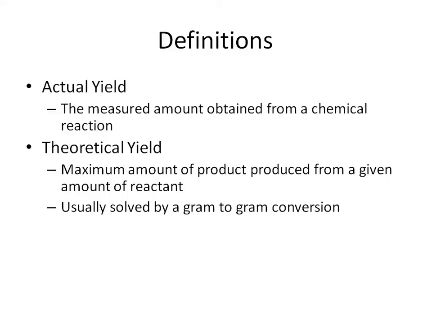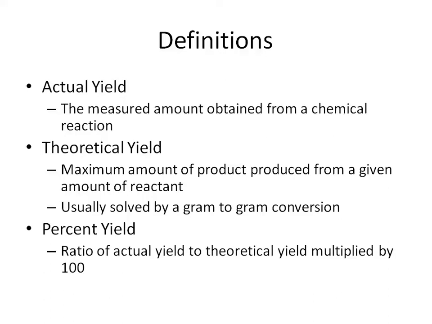The percent yield or percentage yield, this is a ratio. It's a ratio of actual yield to theoretical yield multiplied by 100.